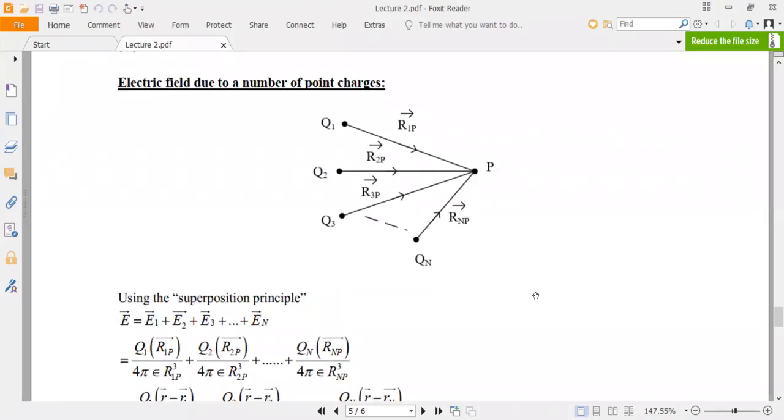Now you can have many point charges in a room or in free space. For example, see here. I have one point charge, 2, 3, like this. I have n point charges in this free space. Now, can I find its electric field intensity at this point? Yes.